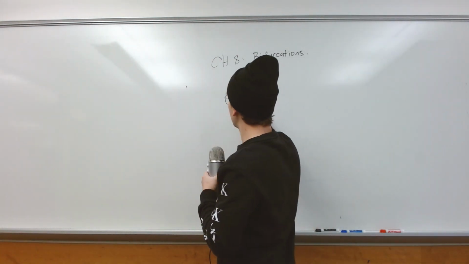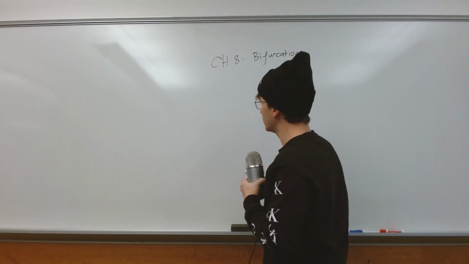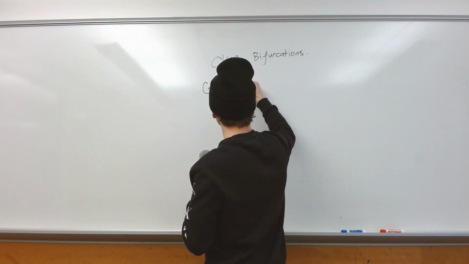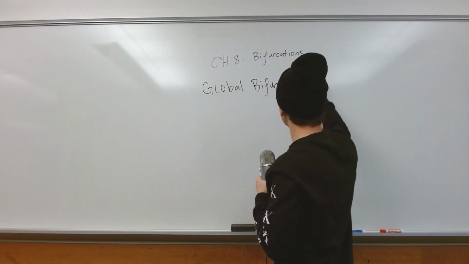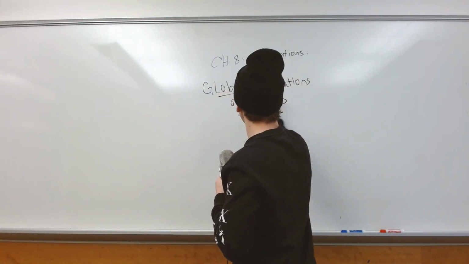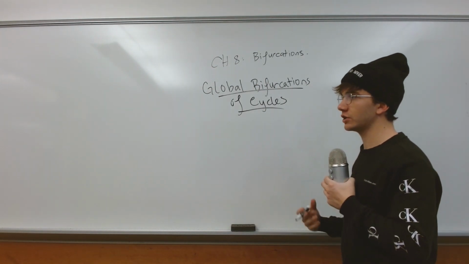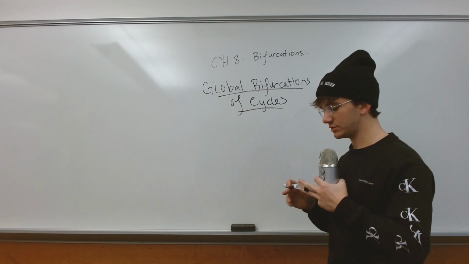Now there's also global bifurcations of cycles. Global bifurcations of cycles occur not at a fixed point, but actually with limit cycles, as the name implies.